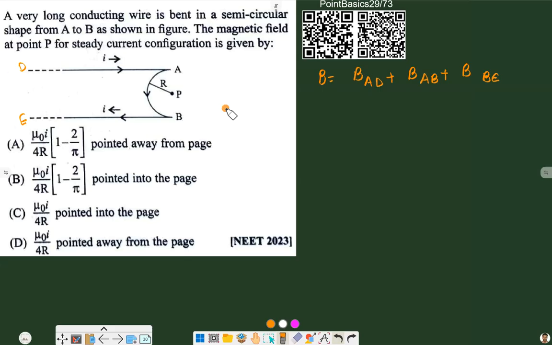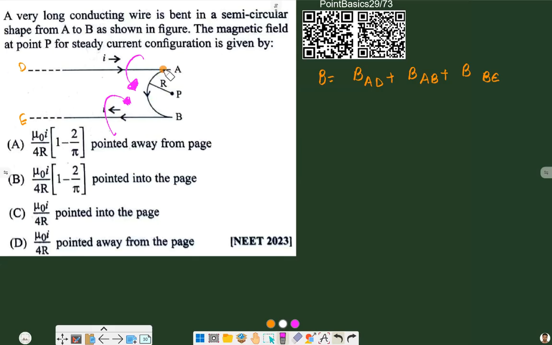Using the right hand screw rule, if you move your thumb towards the right direction, then you will find that the magnetic field in case of conductor AD will be coming from the top and going down, meaning at point P, the magnetic field will be going into the page. And for conductor BE, if we orient our thumb towards the left direction, here again the magnetic field will be going into the page at point P. So both of these fields will be added.